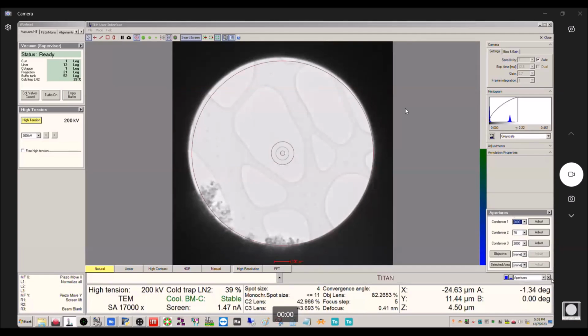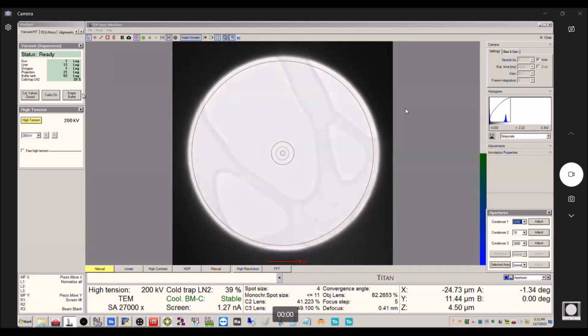So we're going to have a little adventure here. I have done this before successfully, but we might stumble and bumble through this a little bit. Just to give you an idea right now, I've got a lacy carbon film here.